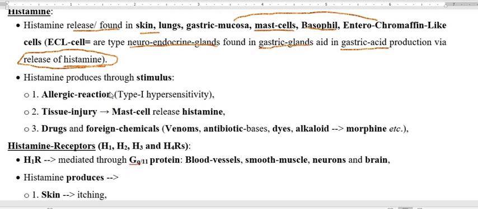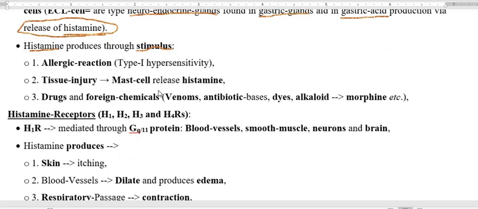Now we are going to discuss the stimuli which give rise to the release of histamine. The stimulus which gives rise to histamine release is the antigen-antibody reaction, like type 1 hypersensitivity, or you can call it immediate type of hypersensitivity, particularly associated with antigen and, in the antibody, particularly IgE.